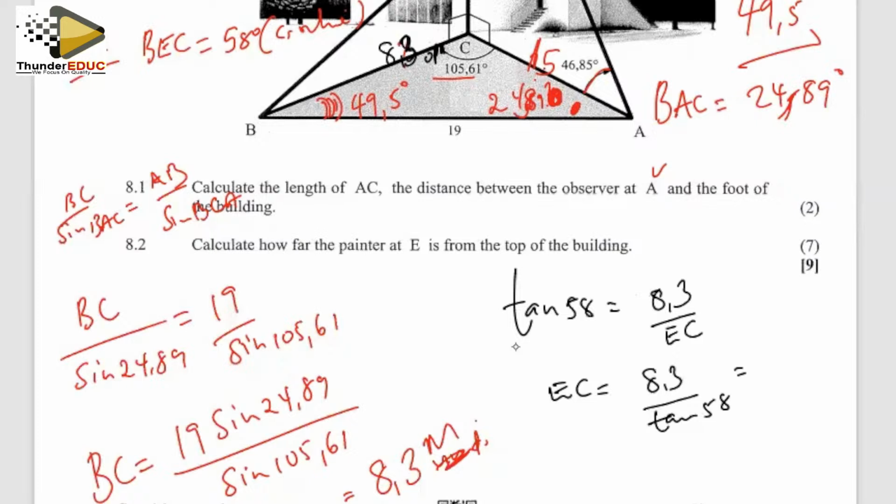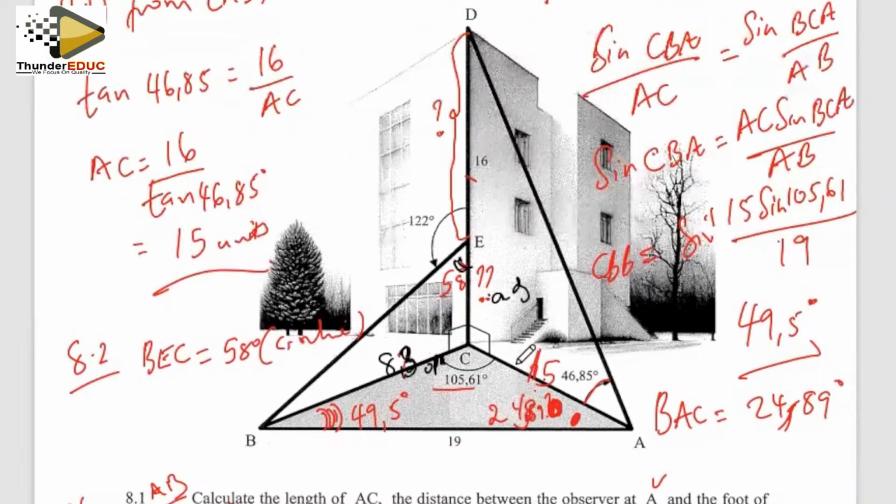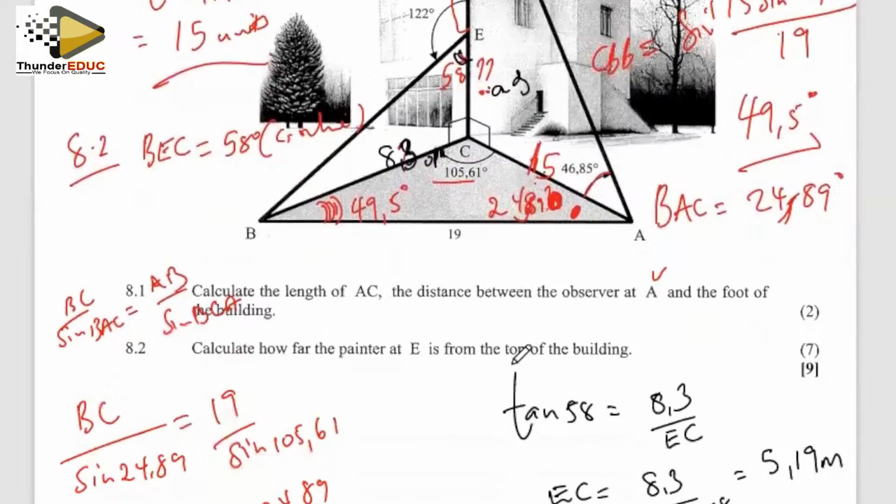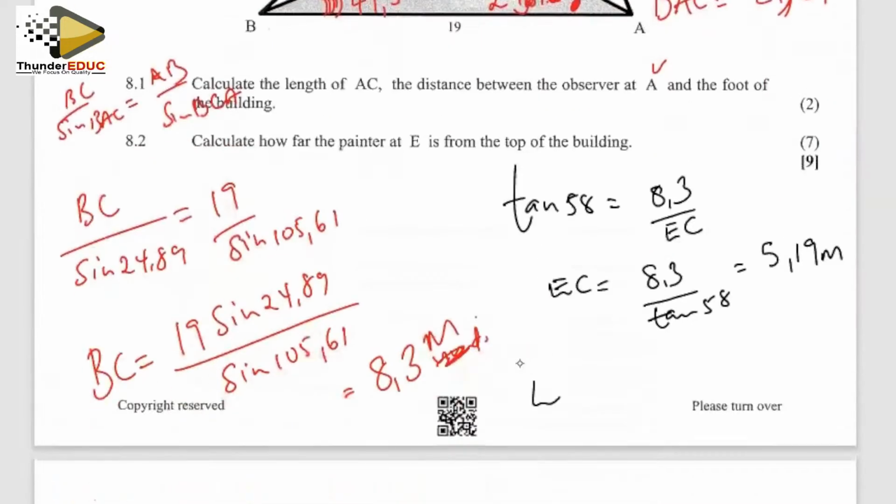That gives me 5,19. Now the distance that they want is ED. They want us to get the distance from the top to the point. Yes, they want ED. So ED is going to be the 16 meters minus the 5,19, which gives me 10,81 meters.